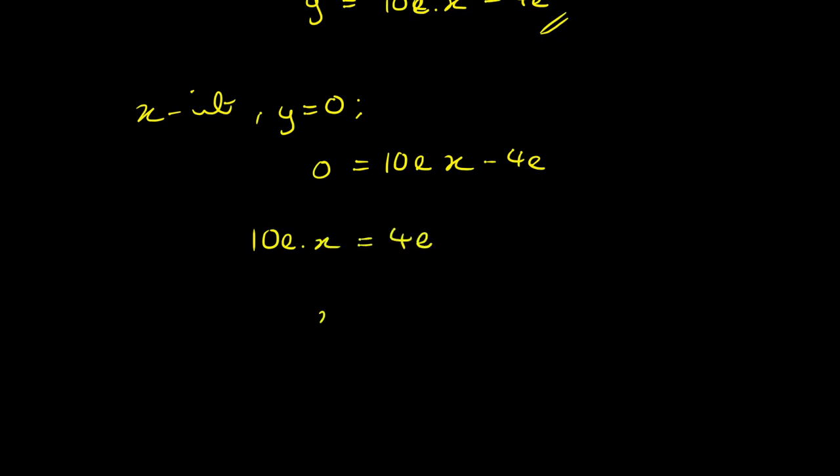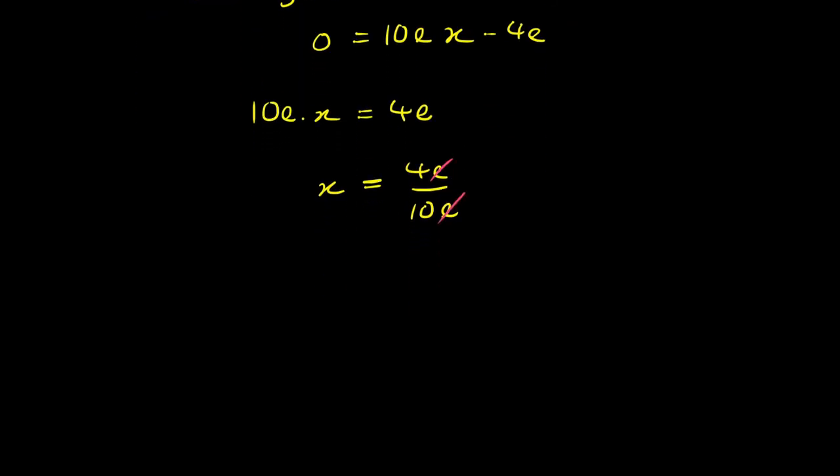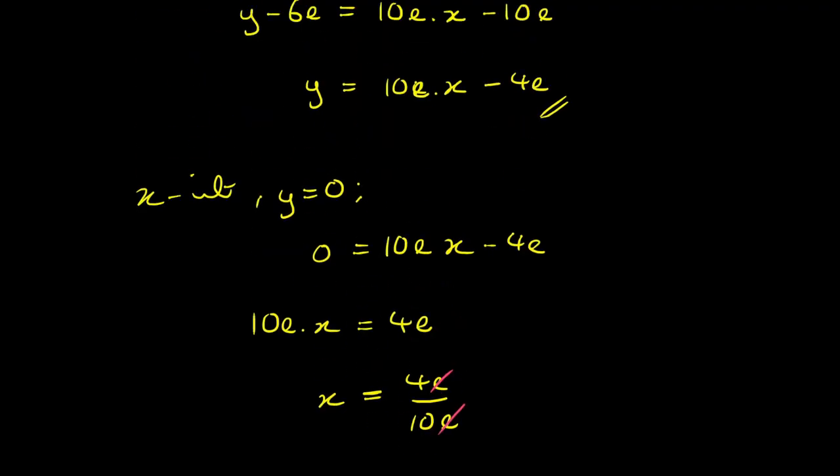So we divide through, so we get 4e divided by 10e, so the e's cancel off. So we get 4 upon 10, which is 0.4, or 2/5 as a fraction. Okay, so x is equal to 2/5 should be the answer.